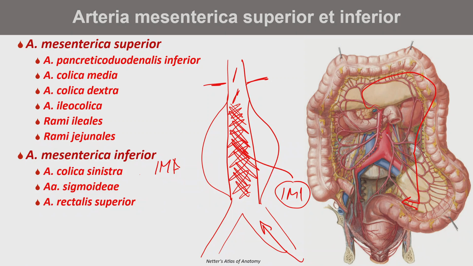When they are closed or stenosed, then a situation can occur which is also called abdominal angina, because the patient, after eating, feels pain in the abdomen, could have diarrhea, and the situation with postprandial pain is called abdominal angina. It's very similar to chest angina.